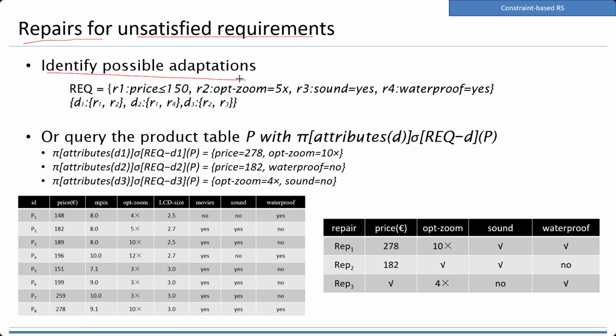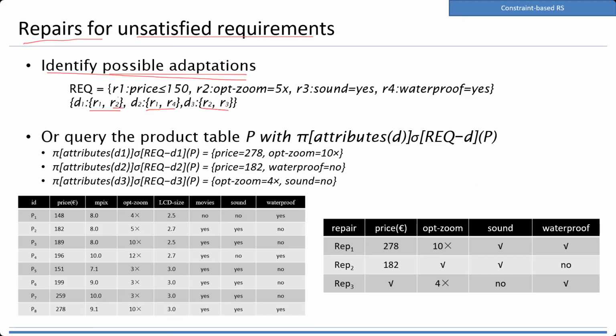Possible adaptation means if I have the diagnoses R1 R2, R1 R4, and R2 R3, then we will try to adopt some possible adaptation. Let's say we can deal with only R1 and then only R2.